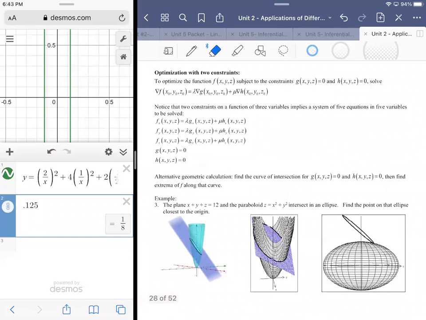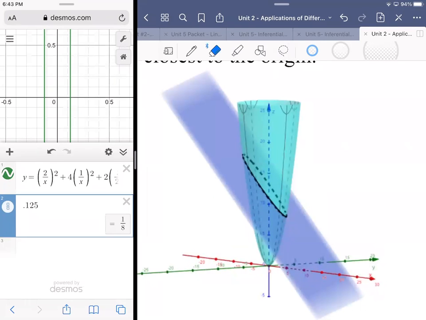Same idea here. We're looking at a plane, x plus y plus z equals 12, and a paraboloid, right? They intersect in the form of an ellipse, right? What we want is the point on the ellipse that is closest to the origin, right? So I think it's pretty easy to see. I don't think it's unfair to say that this is showing a plane slicing through.